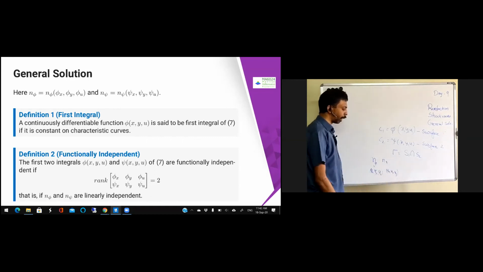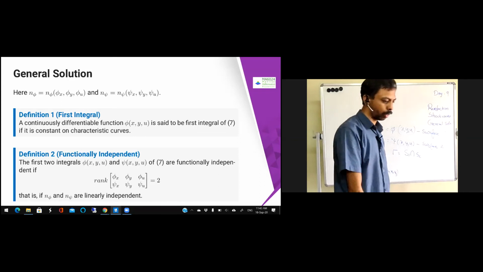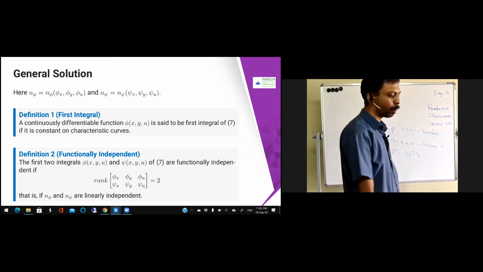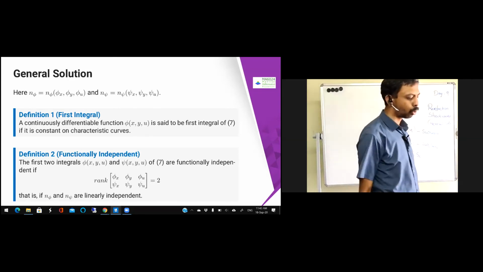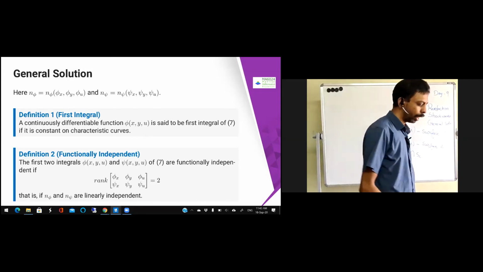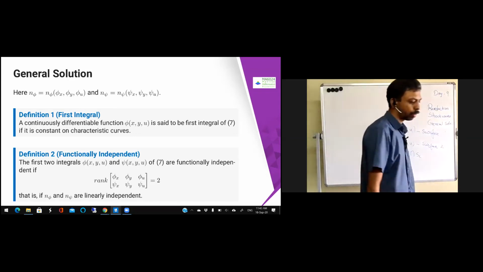We say these two functions are functionally independent when the rank of the matrix with rows (phi_x, phi_y, phi_u) and (psi_x, psi_y, psi_u) is equal to 2.